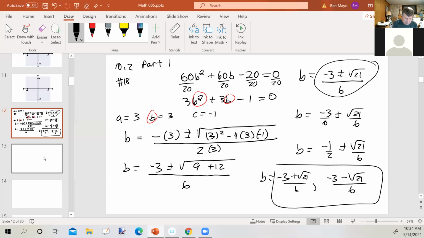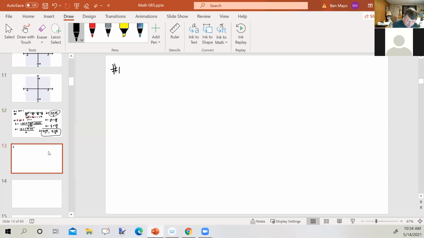All right, let's take a look at number 19 in that same section. Here we have an equation with decimals, 6x squared plus 0.7x equals 0.06. So if we want to make life easier, we'll get rid of the decimals first. The term on the right, the constant, we need to move the decimal point 2 places, so we'll move everybody 2 places.